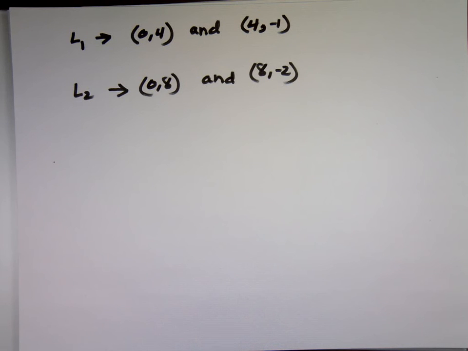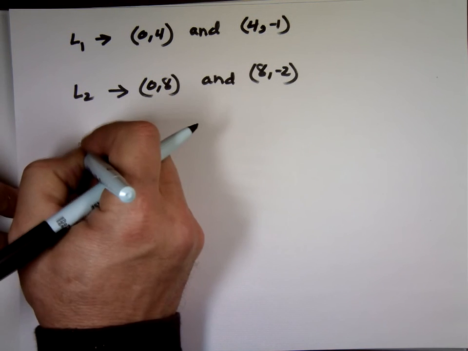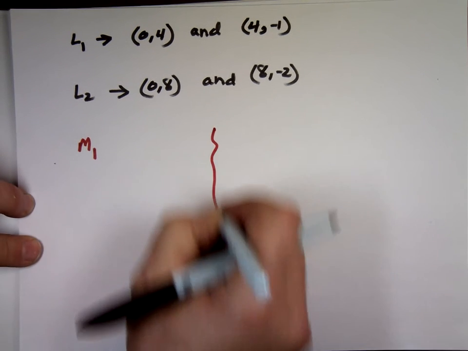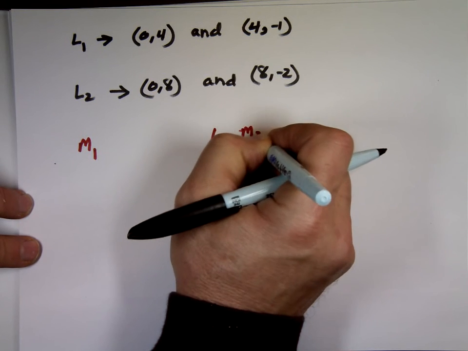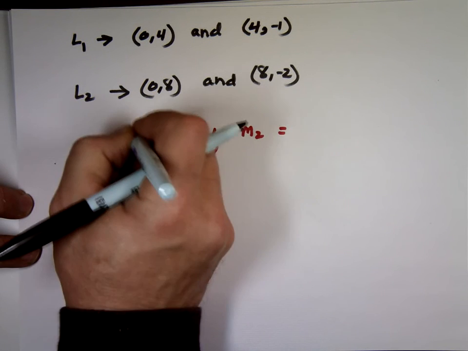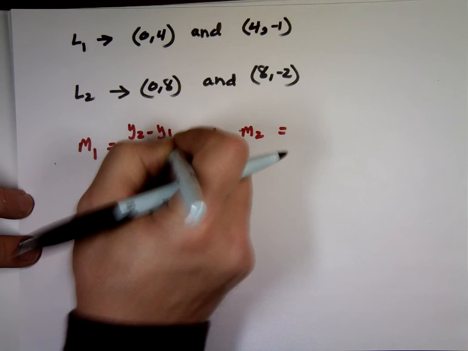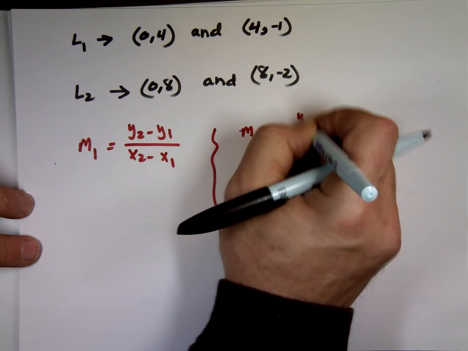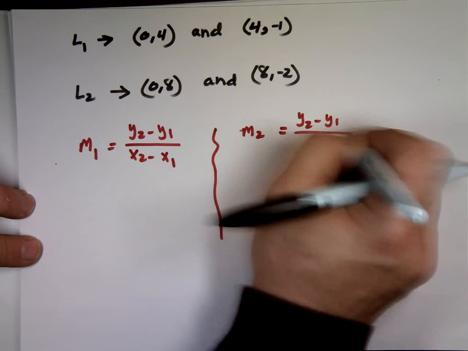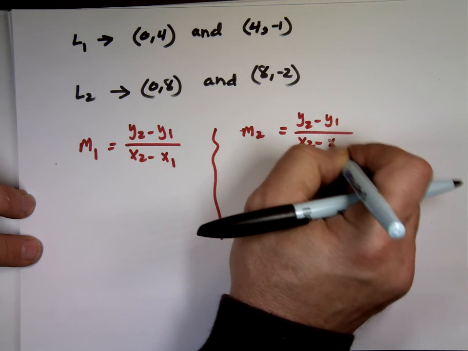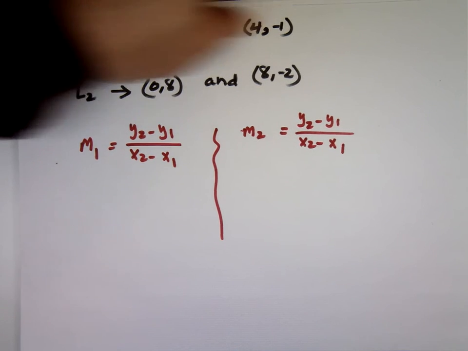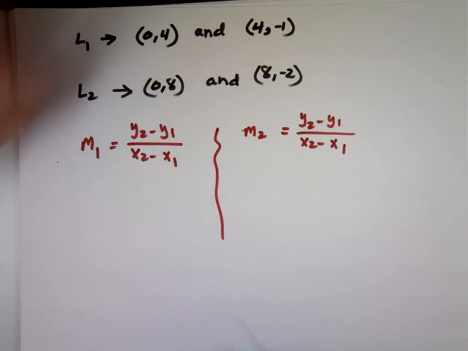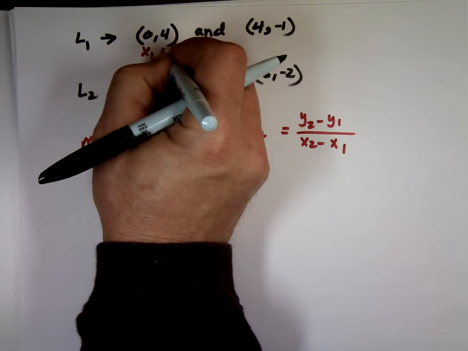Let me find the slope for each one. This is m for the first one. This is m for the second one. The top one is line 1. This is x1, y1, x2, y2.